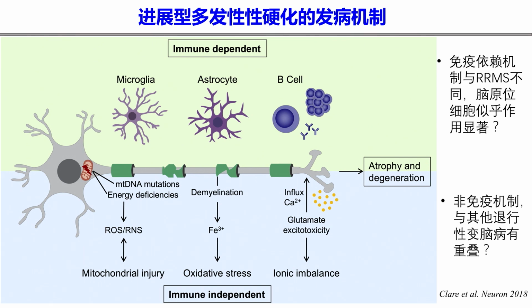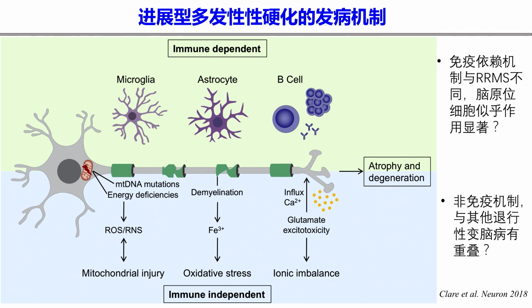So this is to consider why the disease progresses, and there are several schools of thinking. One is immune dependent. We can see that within the brain you have microglia and astrocytes orchestrating inflammation that's still ongoing even in the later phase of disease.